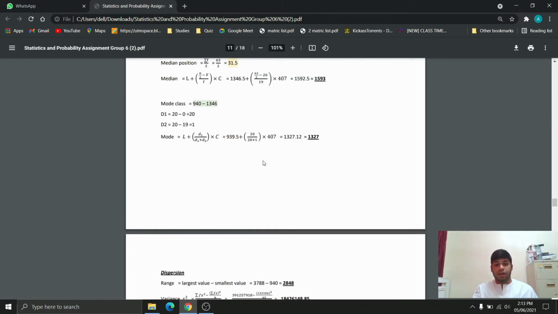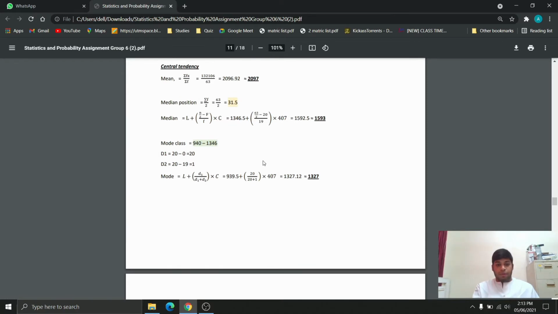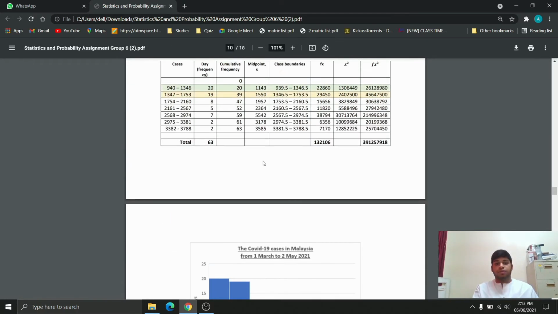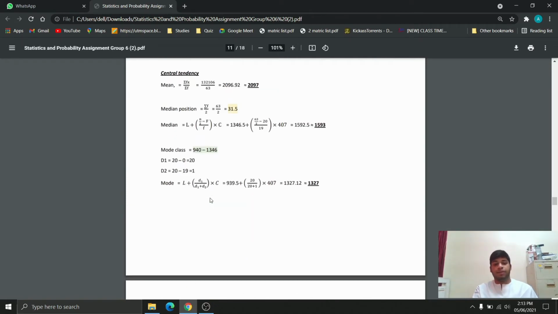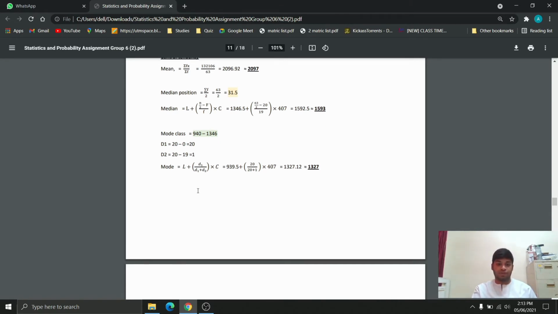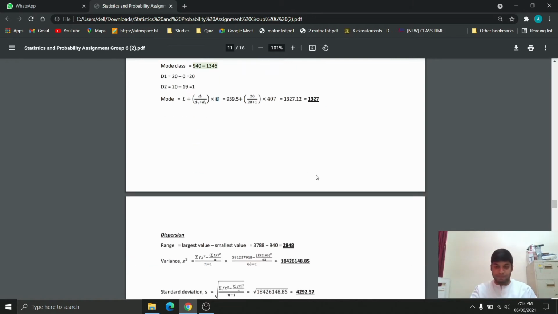After that, we get the values: 20 minus 0, and here 20 minus 19. Then we use this d1 and d2 to get the actual mode. For this, we need L, the lower class boundary of the modal class, then c is the class width, we already know d1 and d2, and then we get the mode.